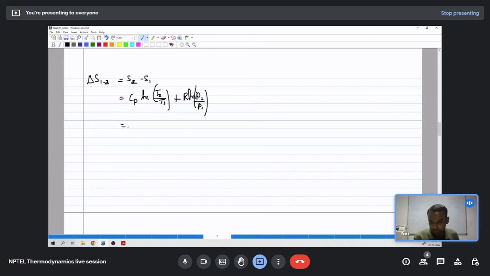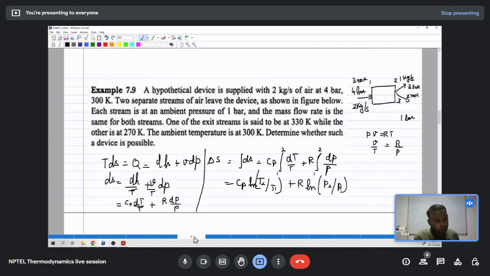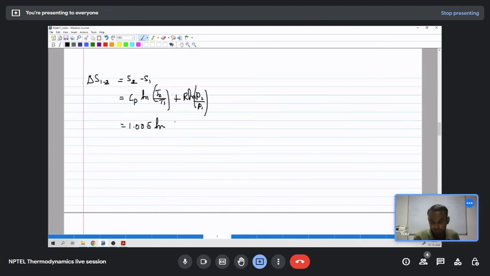So we know Cp of the air is 1.005 into ln of T2 for the stream 2 is 330, and for stream 1 it is 300 Kelvin. So we have 330 by 300 plus R is 0.287 ln of P2 by P1. P2 is 1 bar and P1 is 4 bar. So we have 1 by 4. So I can calculate this value.